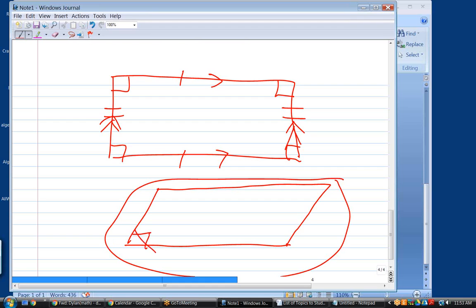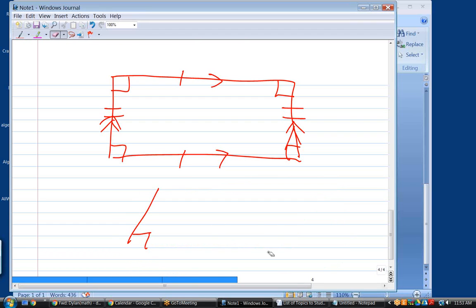There are no 90-degree angles. So the only difference between a rectangle and a parallelogram is the 90-degree angles. You could almost say that a rectangle is a parallelogram with 90-degree angles. That would actually be a shorter way, but that's not really a proper way to define it.